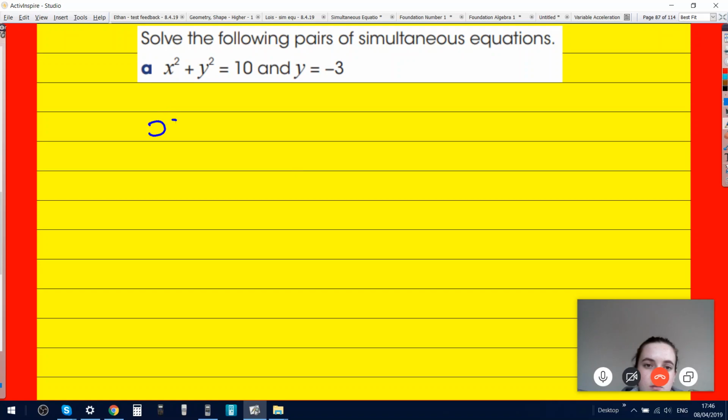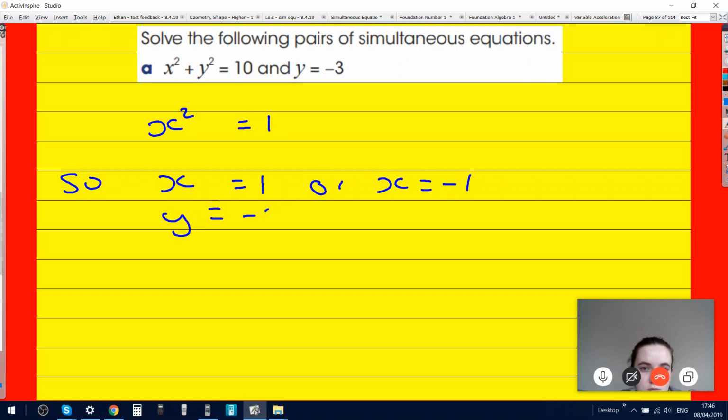So x squared equals 1. So x equals 1? Yeah, or is it plus minus 1? Yes. Equals minus 1. And they helpfully told us y is equal to minus 3.